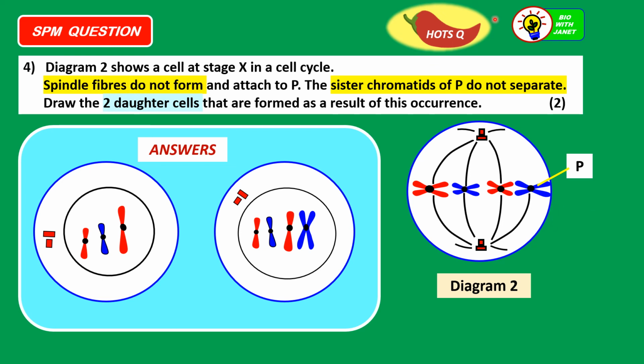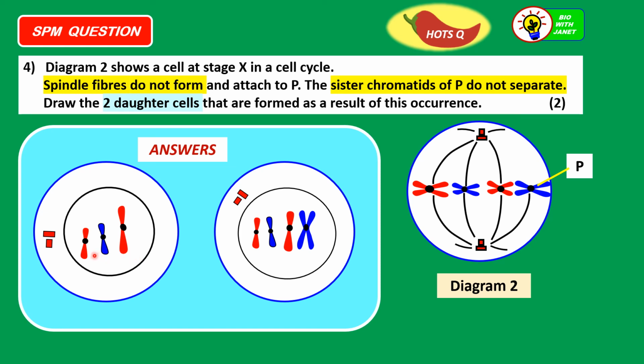For the other cell, we can imagine that the sister chromatids will be pulled to this pole here for these 3 chromatids. 3 chromatids will move to the same pole, right? So you have 1 red short sister chromatid which will become a chromosome, and then the blue short sister chromatid, and then the red long sister chromatid.